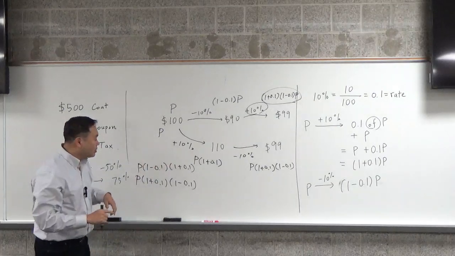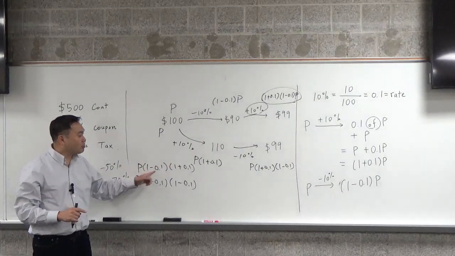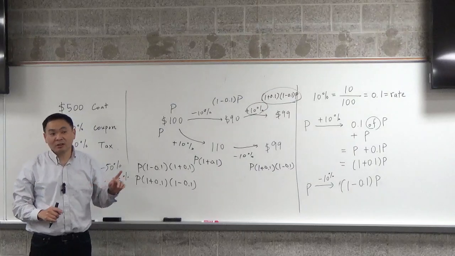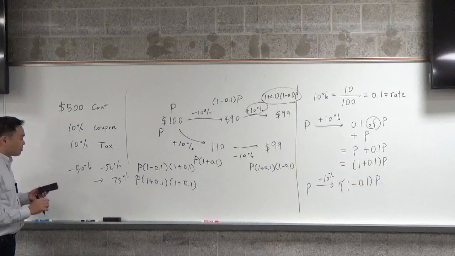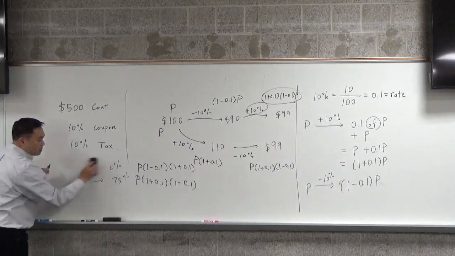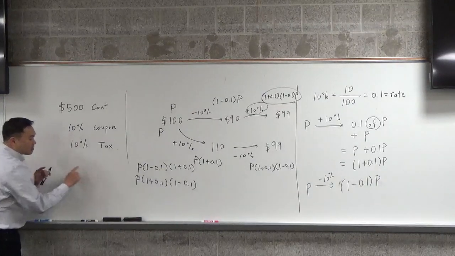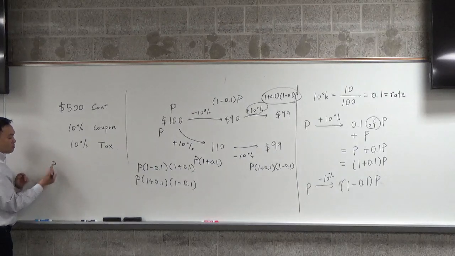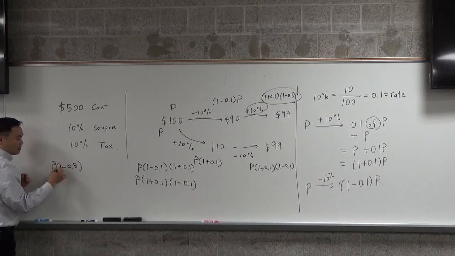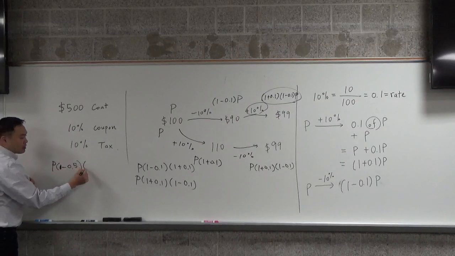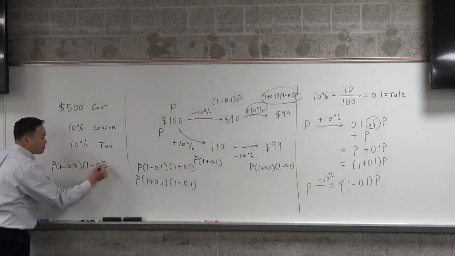That's one thing. Second is because it's a multiplication, not addition, that's why the application of coupons is not additive. So this 250% off would mean you have the original P, discount by 50%, and discount by another 50%.